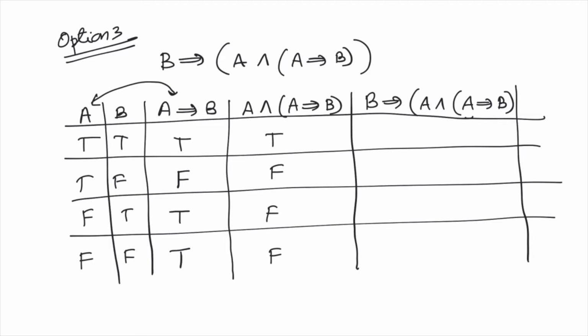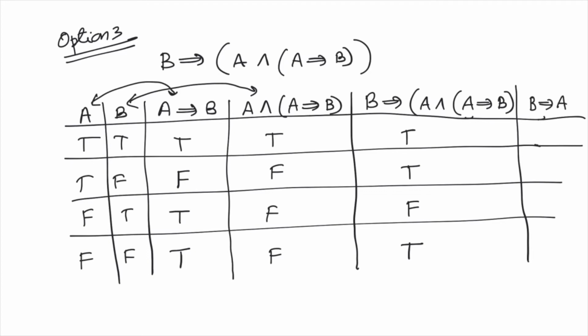Now we have to take B implies this. So elephant and money, true. No elephant, no money, that is true. There is an elephant and no money, then that is F. And there is no elephant, no money, then that is true. Now, do you observe that this TTFT corresponds to B implies A?